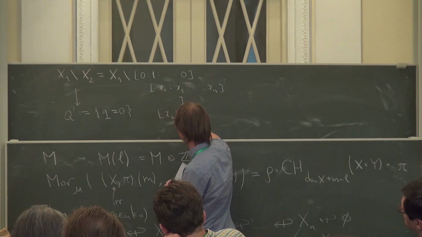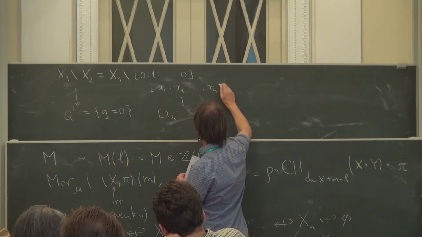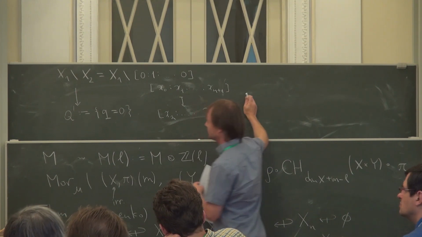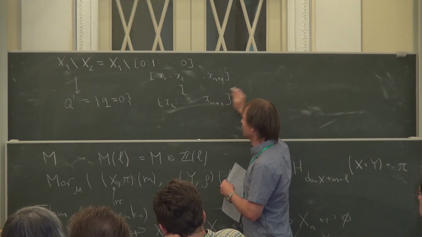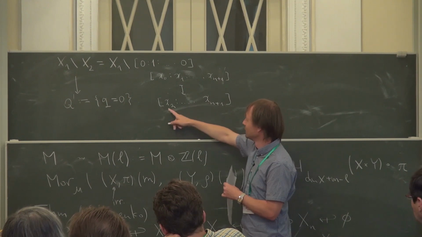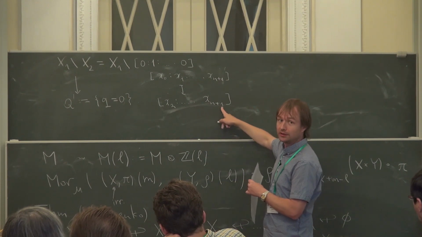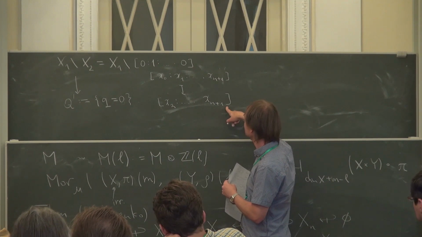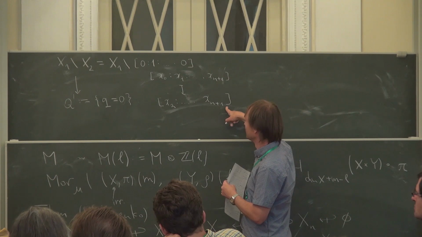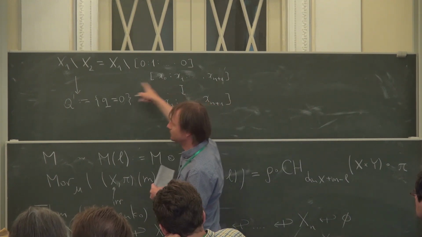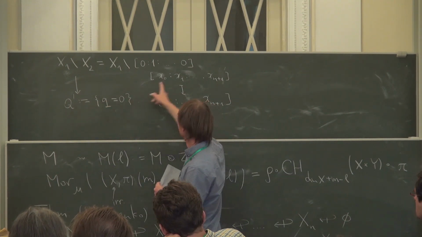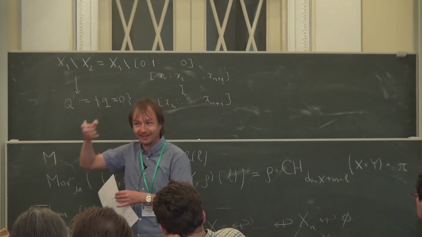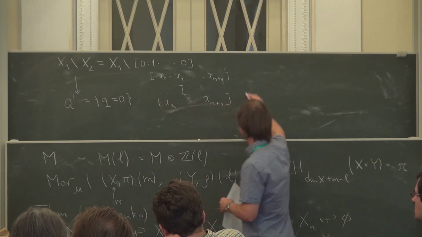So x2, ..., xn+1. Well, it is well defined because the only problem can appear when all coordinates here are zeros, but if all these coordinates are zeros, then x0 is 0 anyway, then x1 should not be 0, but we removed this point. So it's well defined.